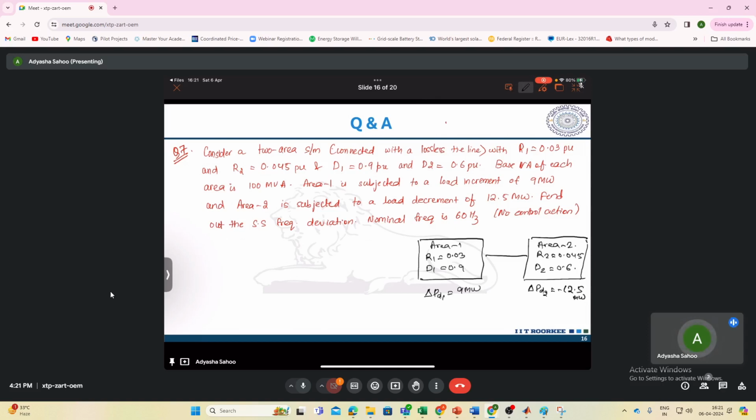So let us calculate that. Delta PD1 will be 9 megawatt, or the base is 100, so 0.09 per unit.